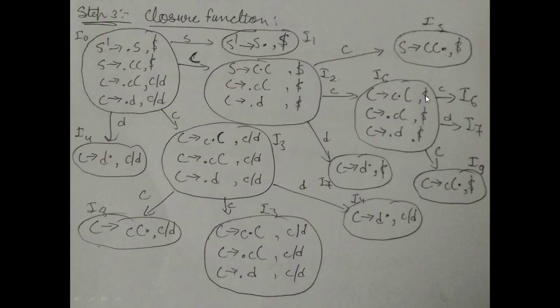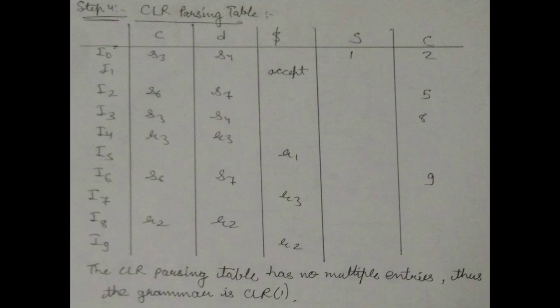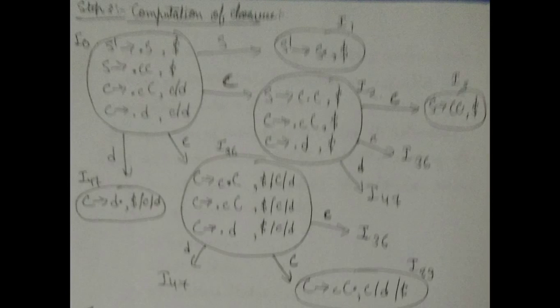So in the LALR table, while constructing the collection, we combine the states with the same core into one. So moving on to the LALR1 closure, we combine the I3 and I6 states into a single state.